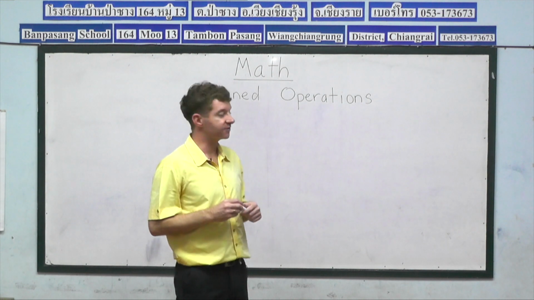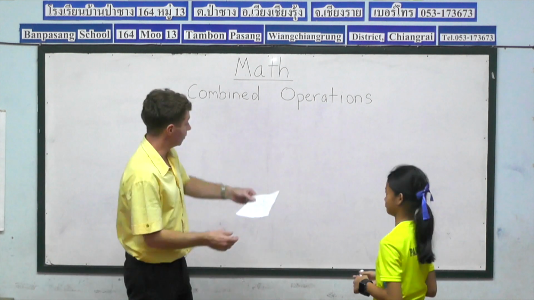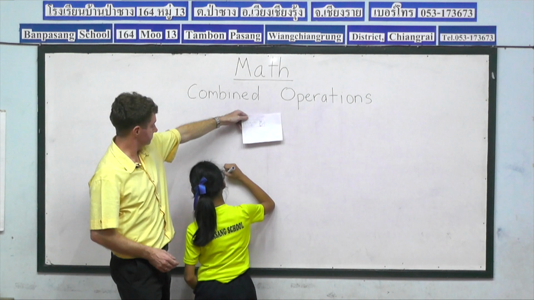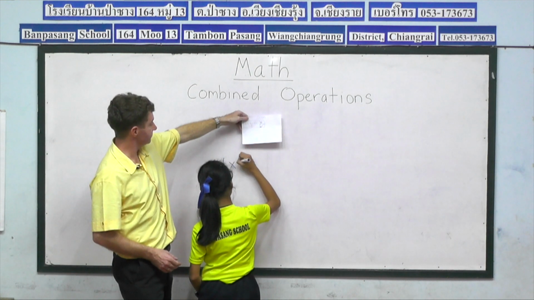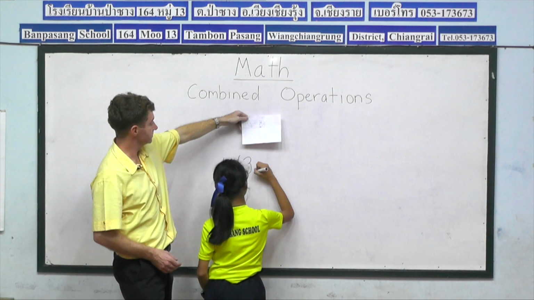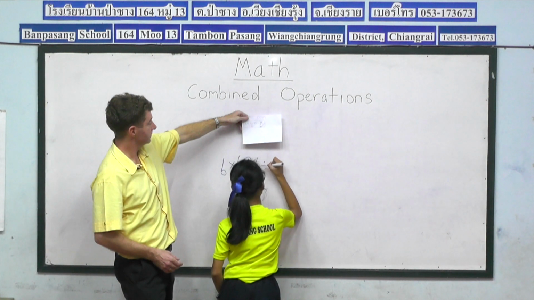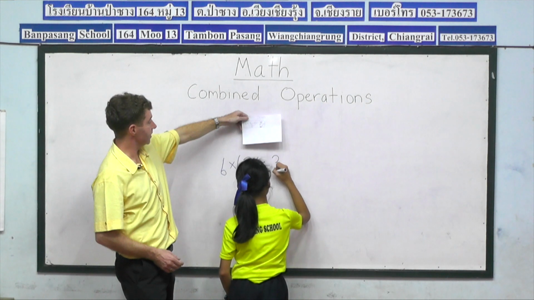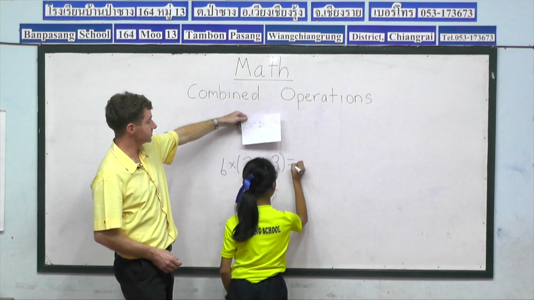So what we will ask Dan to do, Dan will write her combined operation on the board. So 6 times, open brackets, 36 divided by, close brackets, after 3, excellent, equals.